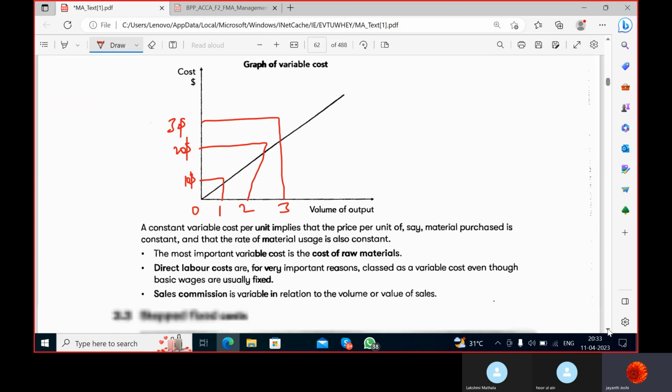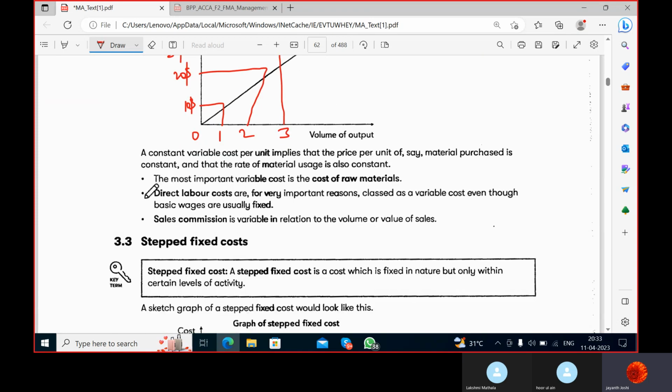So all the direct expenses like labor and direct material, because for making 1 unit if you are using 1 kg of raw material, for making 2 units we will be using 2 kg of raw materials. So material will vary with production levels. Labor will also vary with production levels, and if more units are sold by our salesman, we will be paying him more commission.